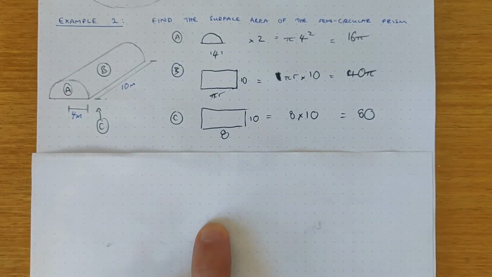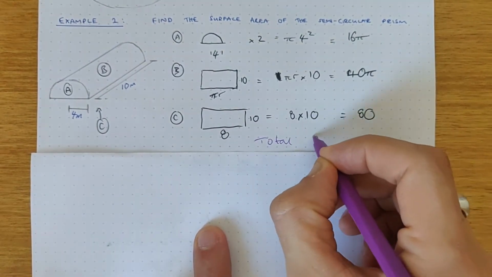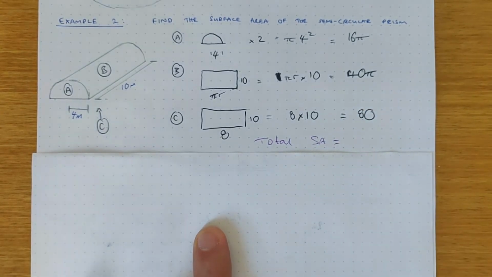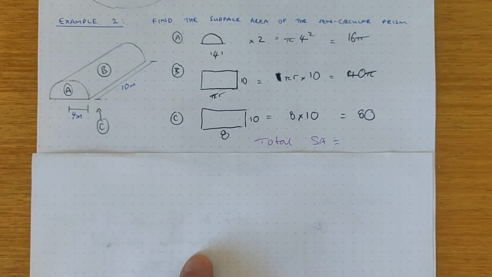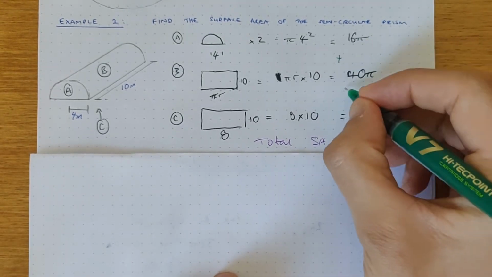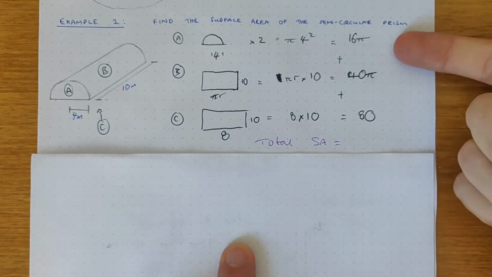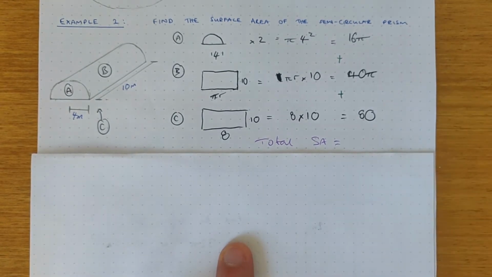At this point, I need to think about how I find the total surface area. And again, this should be, hopefully at this point, relatively obvious to us. I'm going to just add together each of my surfaces. Okay? 16 pi plus 40 pi plus 80.